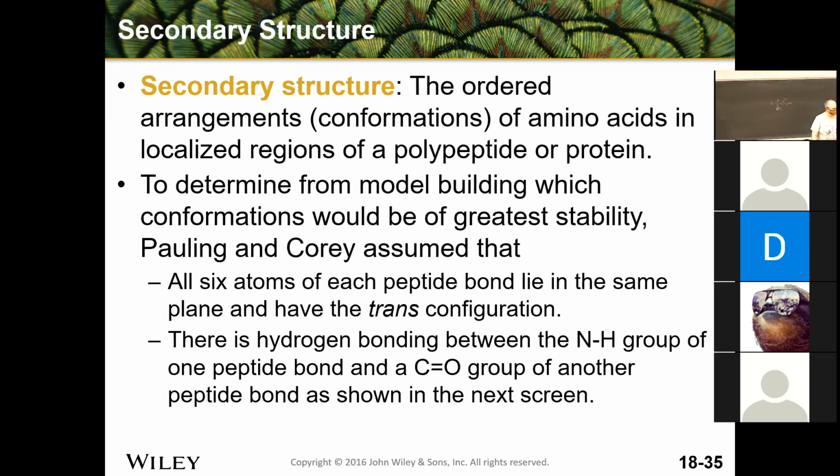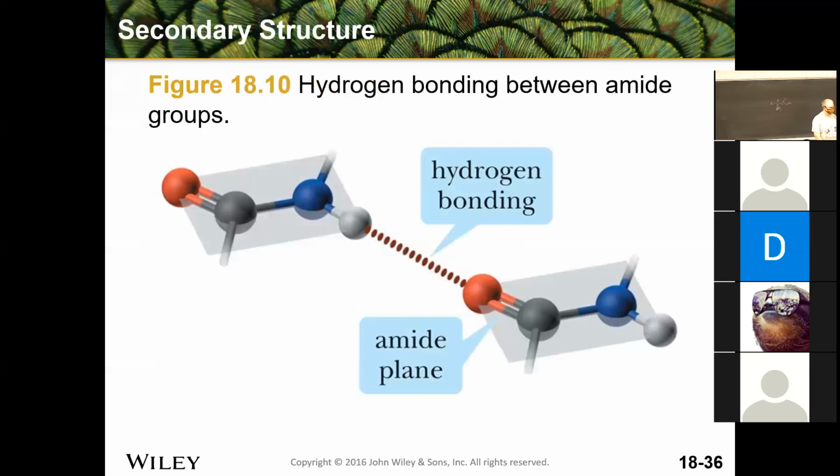To determine from model building which conformations would be of greatest stability, Pauling and Corey assumed that all 6 atoms of each peptide bond lie in the same plane and have the trans configuration, and that there is hydrogen bonding between the NH group of one peptide bond and the CO group of another peptide bond, as shown in the next screen. So we have hydrogen bonding here between the NH and the oxygen of another amino acid residue.